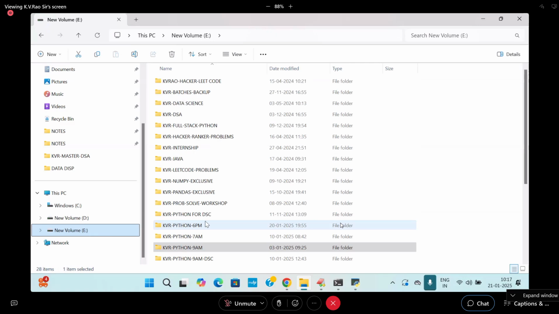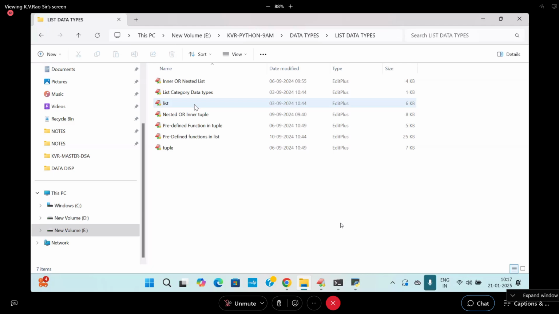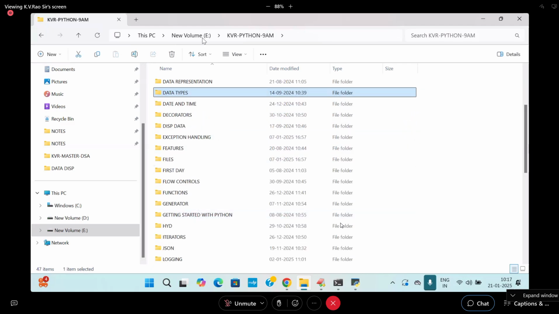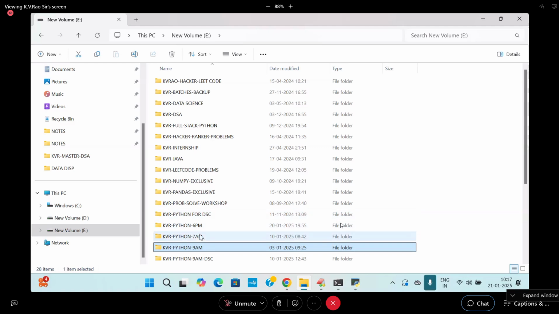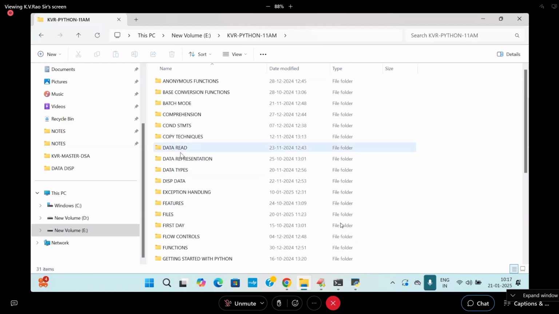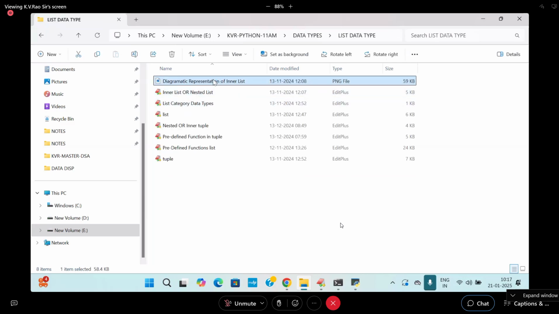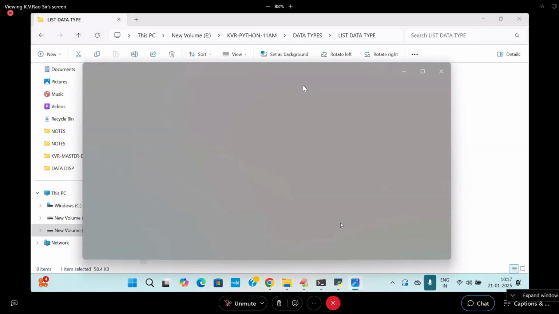If you go to my concept of data types in Python, under the list data type, I used to show you the inner list diagram, the diagrammatic representation of an inner list.